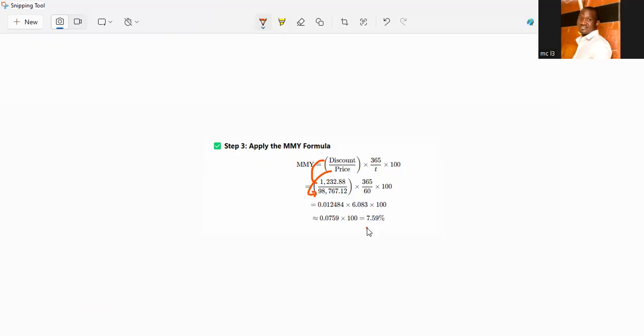So when you calculate, we get 7.59%. Remember, this one is not based on the face value, unlike the other one. It's based on the actual price. So this is how we calculate the money market yield. Okay, are we together?